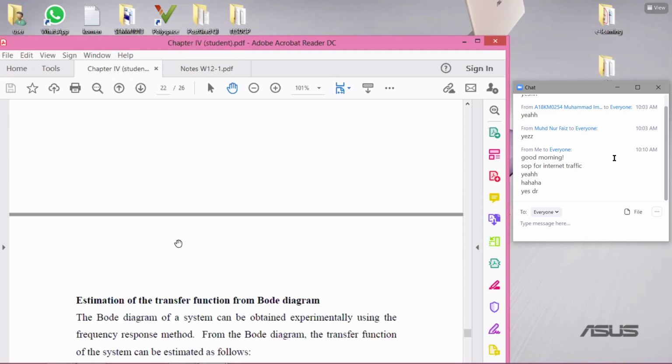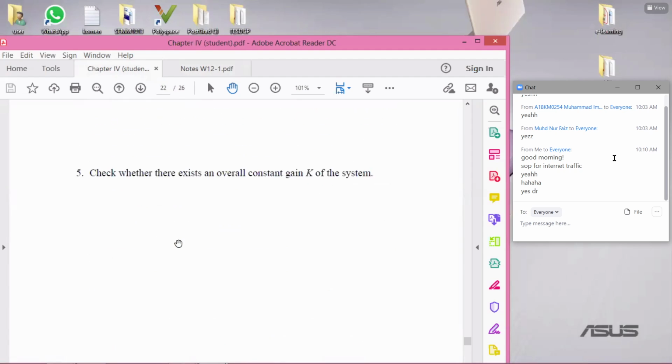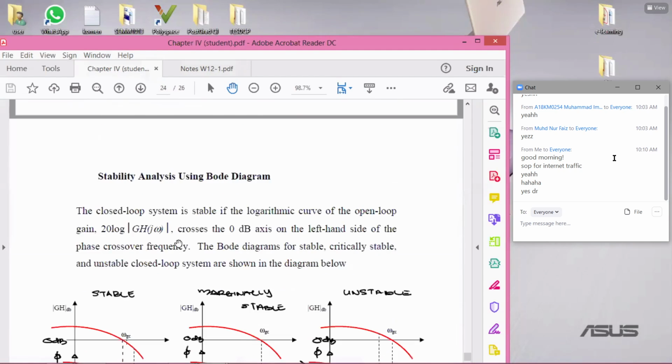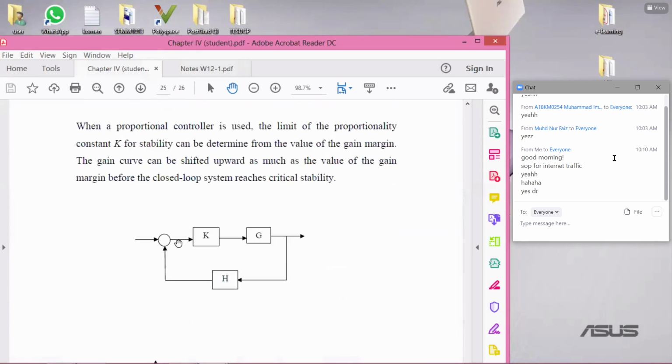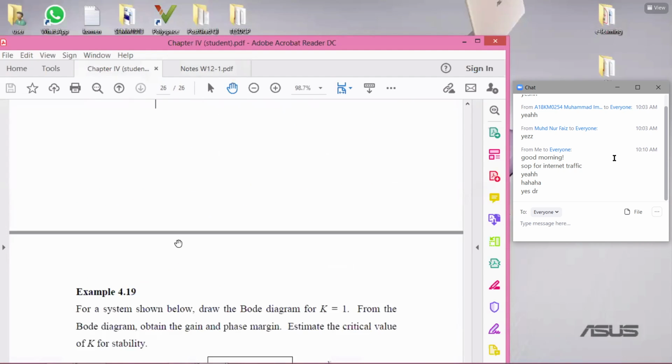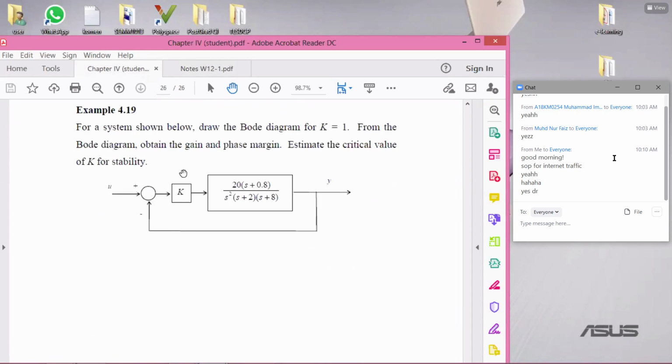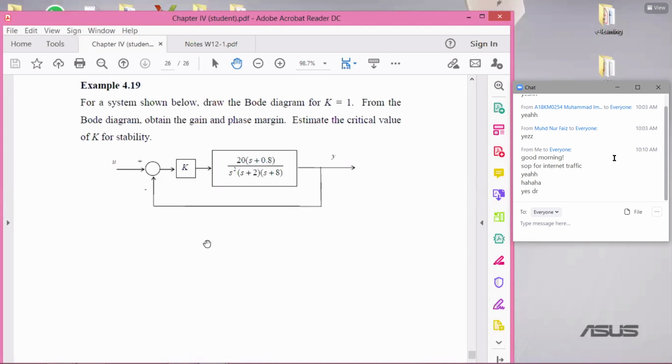Why do I jump straight away to 419, you might want to ask? Because your memory about the Nyquist diagram is still fresh.